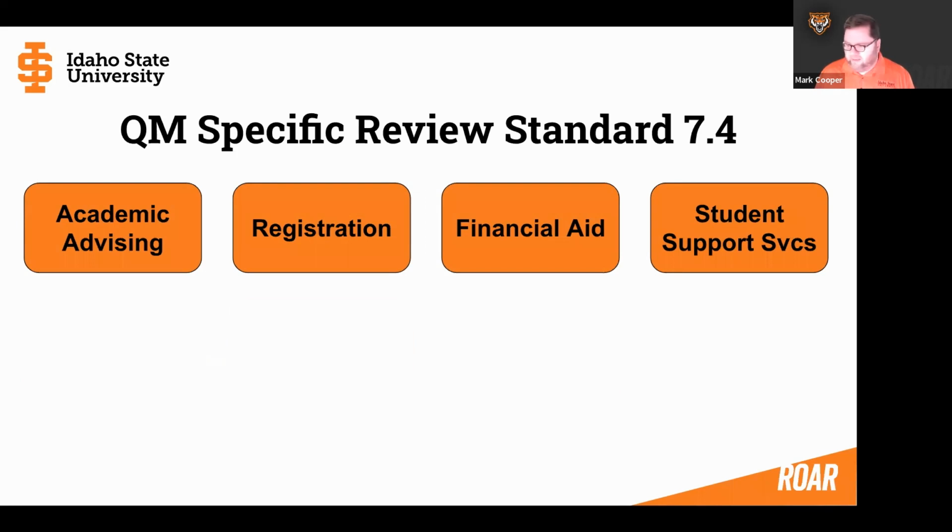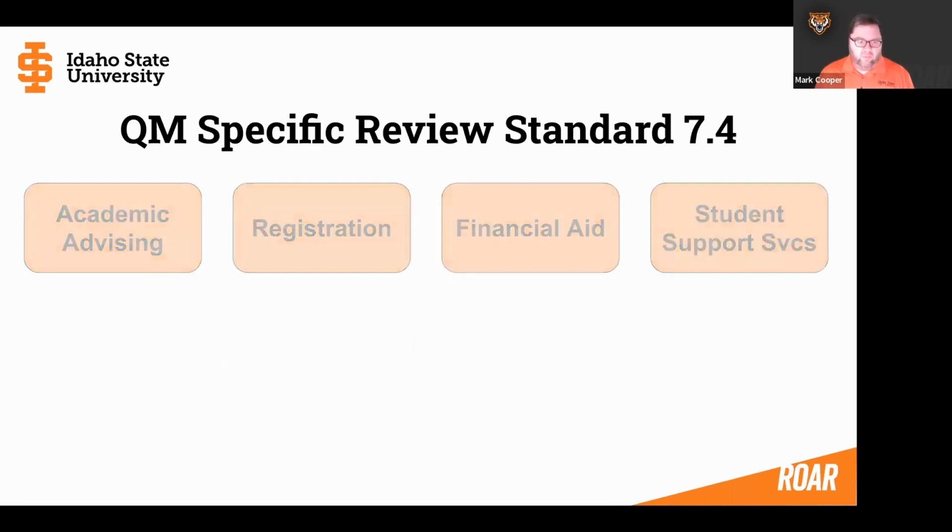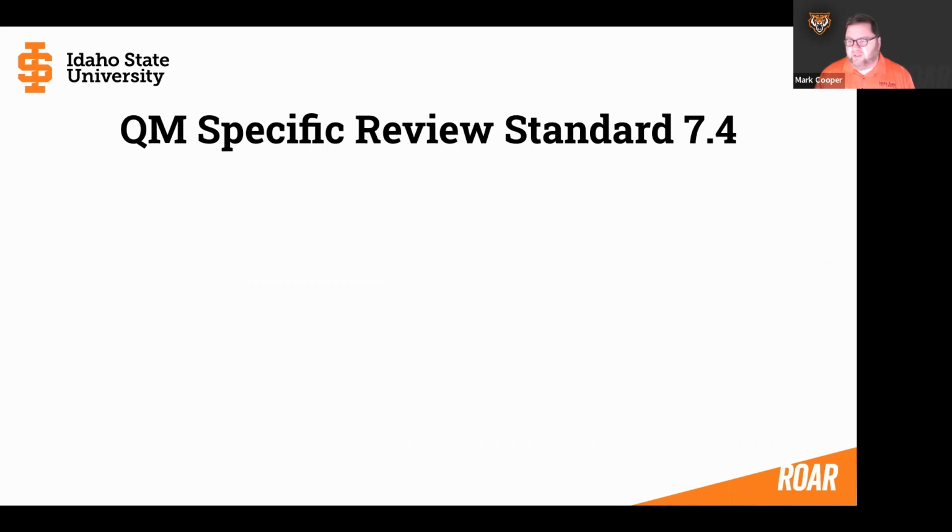Now, you might be asking yourselves, why would I put this information into my course syllabus when it's already 17 pages long? Providing this information, the services and resources, to your students will help them to be able to quickly find the information that they need. They'll be able to join the campus community.